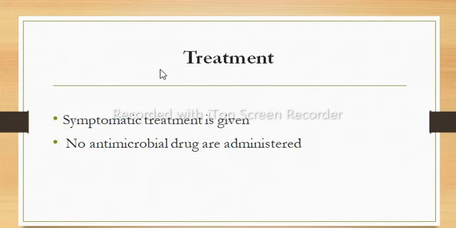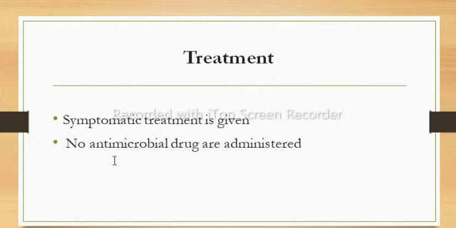In treatment of Clostridium perfringens food poisoning, we provide symptomatic treatment to the patient. For example, if someone has vomiting, we must give them an anti-vomiting drug, or if someone is dehydrated because of watery diarrhea, we must rehydrate with electrolytes, that is sodium, potassium, chloride.